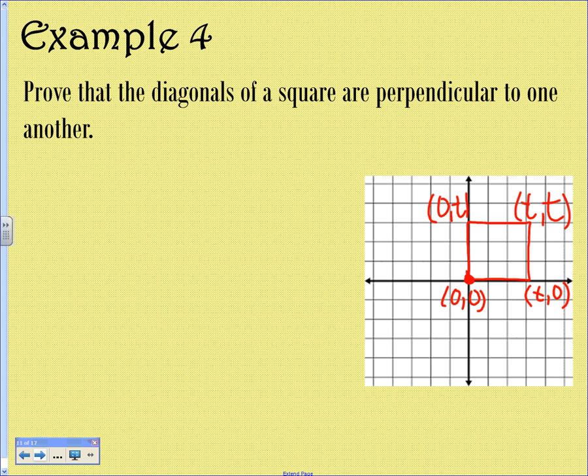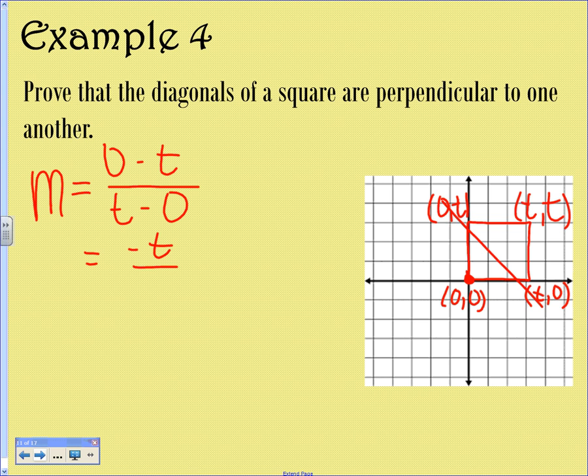How do we prove that the diagonals are perpendicular? The slopes, okay? What would we do to find the slope of that one? Okay, y2. So 0 minus t over t minus 0.